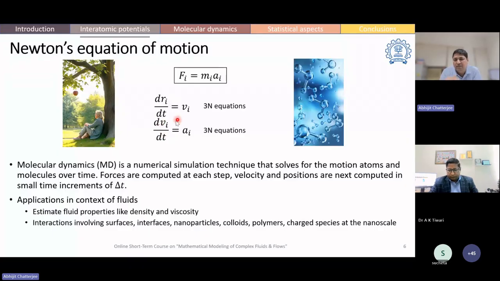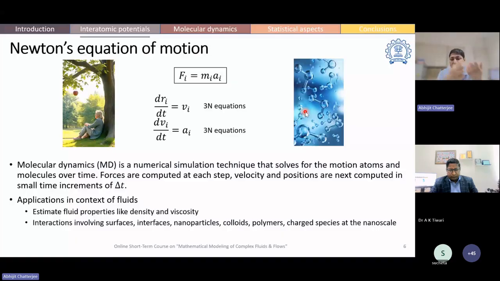At every step, we compute the forces to find the acceleration and then update the positions as well. The velocities and positions are computed in small time increments of delta t. And with all this motion, we can understand how molecules interact with each other.